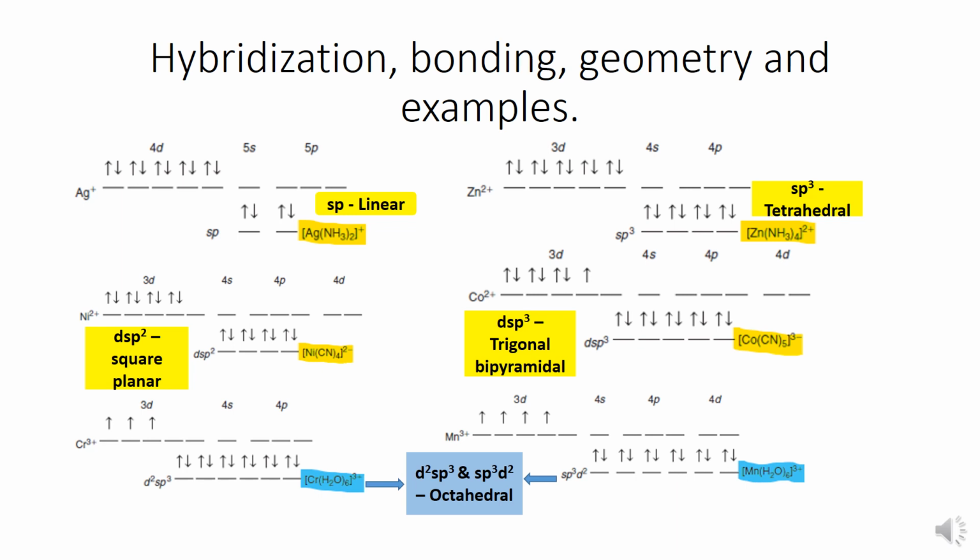So of this empty 5s, only one s and one p is used, and you call it an sp hybridized bonding orbital, and the hybridization is taken over by two ammonia molecules. Having been taken over by two ammonia molecules, it results in an sp geometry that is linear in nature.